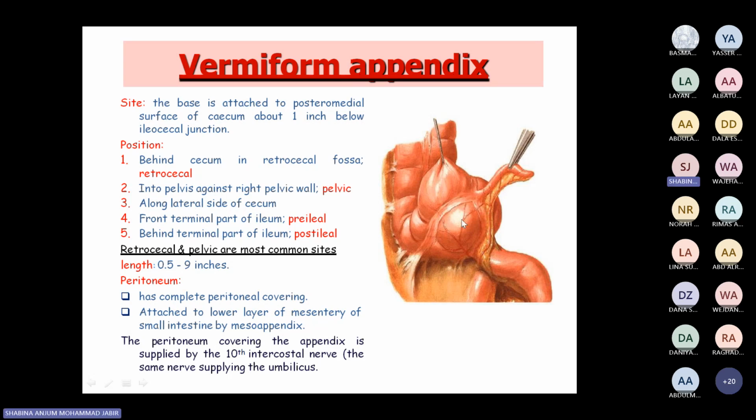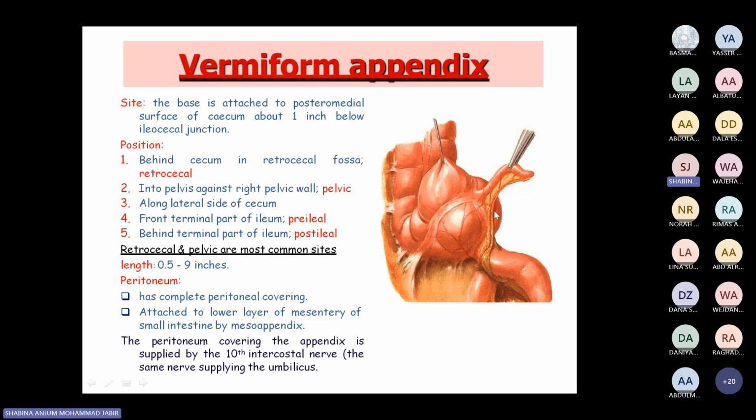It may be in front of the ileum or behind the ileum. The commonest sites are the retrocecal and pelvic. Its length is 0.5 to 9 inches, and sometimes its length is more, which is also one of the causes for inflammation and acute abdominal pain. It will be completely covered with the peritoneum, and here it is called the mesoappendix.